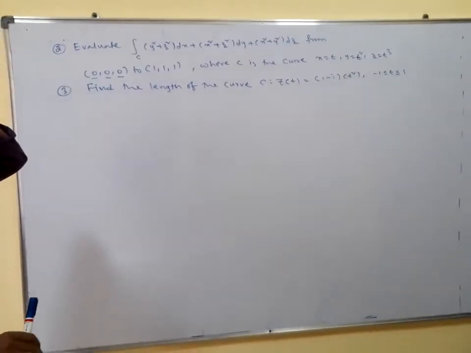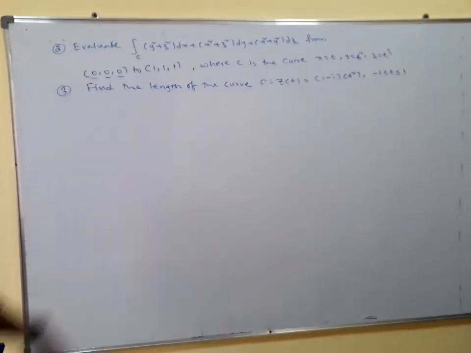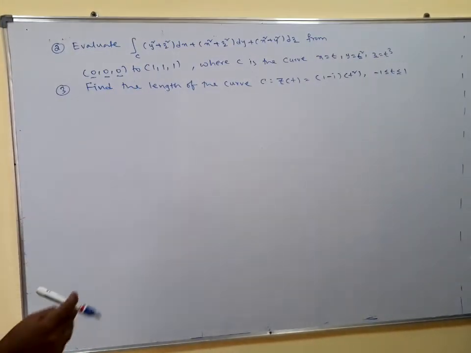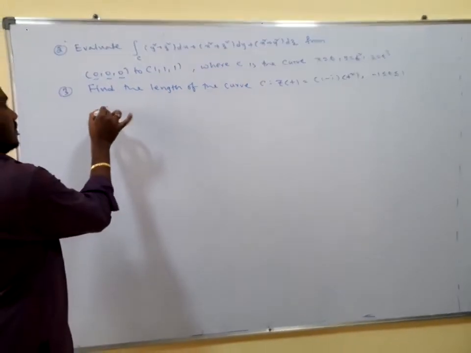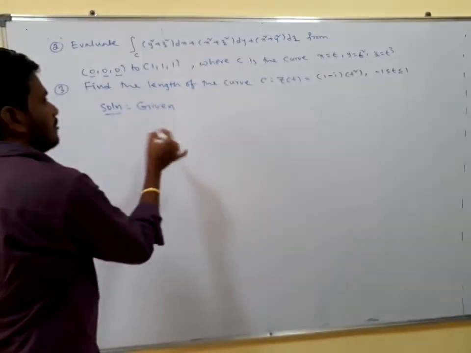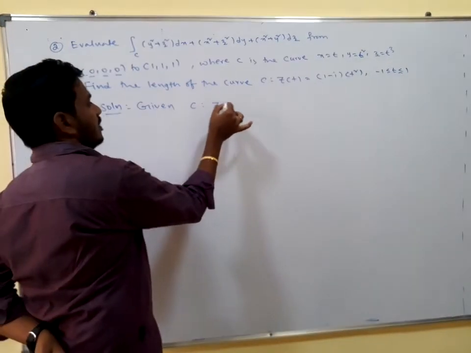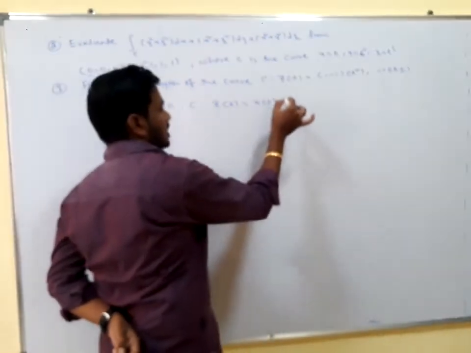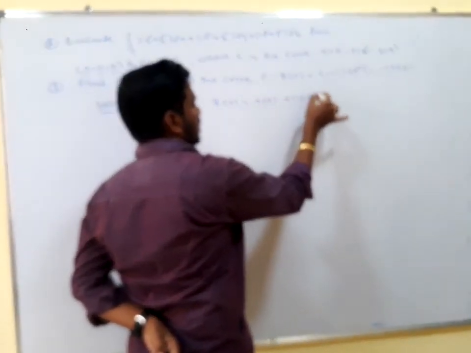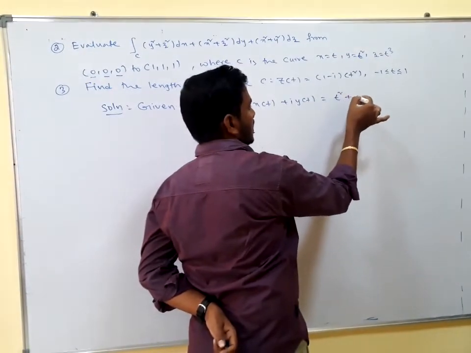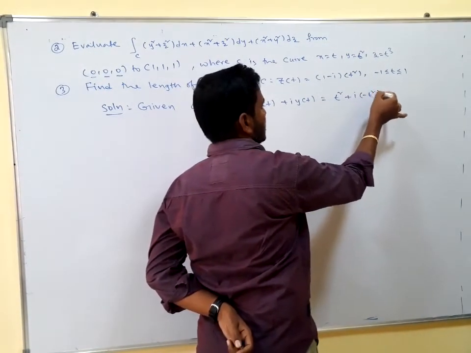Find the length of the curve C, which is represented by z of t equals 1 minus i into t square, where the t limits are minus 1 to 1. So given the curve, z of t in parametric form is x of t plus i y of t, which equals 1 into t square plus i into minus t square.